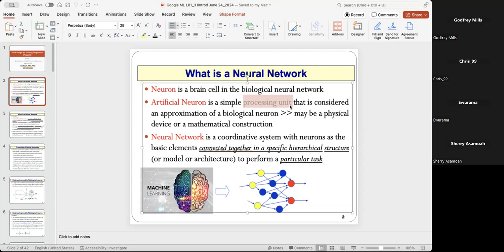Like what you are seeing here, we have the yellow connected to a blue, another yellow connected to a blue, then the blue connected to a red, and the second blue connected to a red. See that we have a hierarchy. They are moving from one direction to another, in the forward direction, to give us an output.